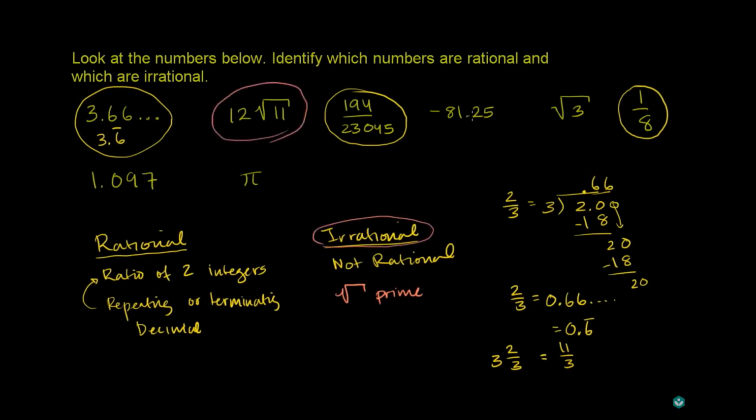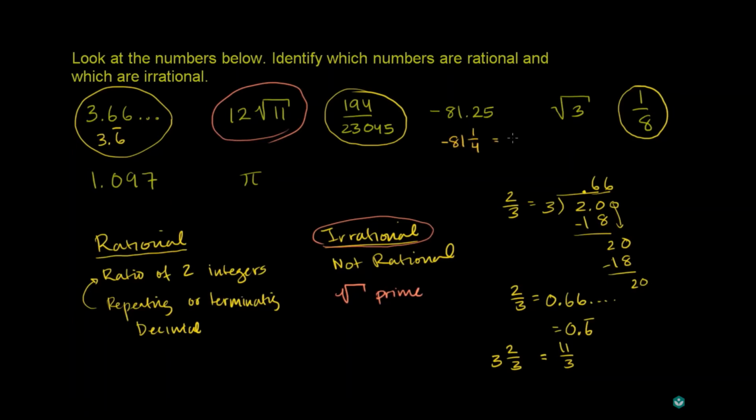Negative 81.25. Once again, very easy to represent this as a mixed number if you want. It would be negative 81 and 25 over 100, which is the same thing as 1/4. And then very easy to represent this as an improper fraction. 4 times negative 81, 4 times 81 is 324. So it's negative 324 and then another negative 1.